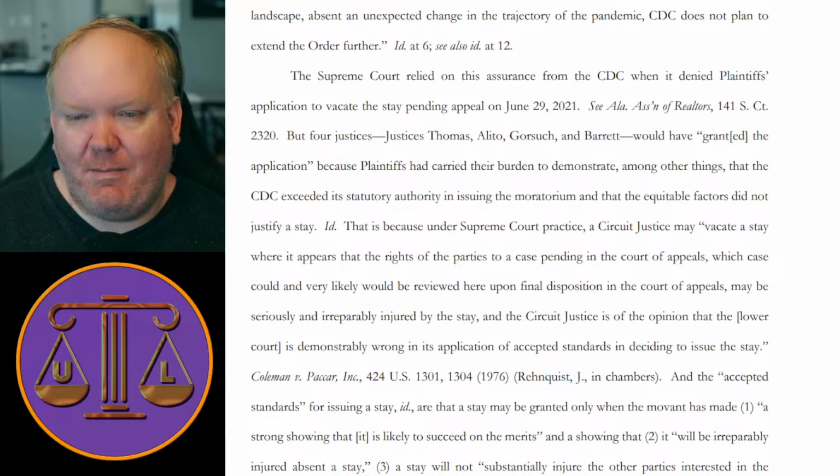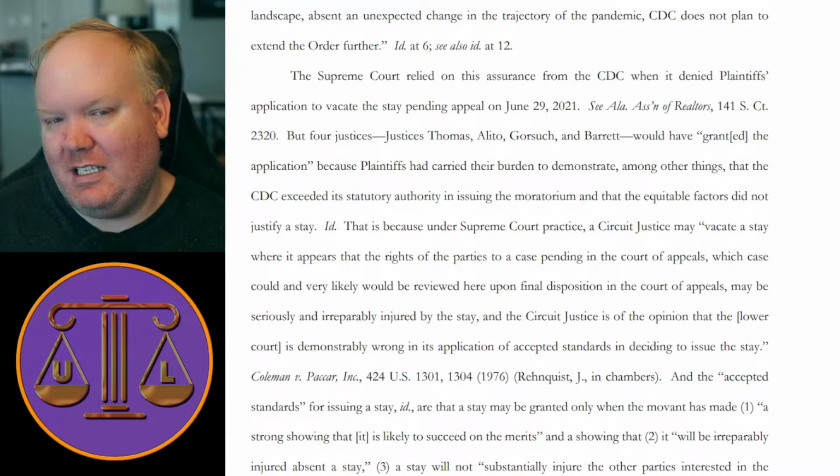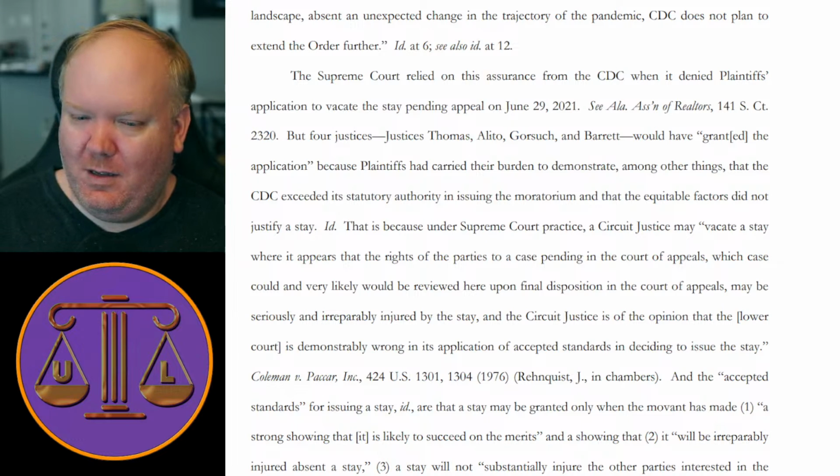Four justices dissented: Thomas, Alito, Gorsuch, and Barrett. Okay, so I apologize. There's no hope whatsoever that John Roberts is going to get on his big boy pants. I'm sorry, he was in the dissent. So remember how I said technically John Roberts could issue a decision by himself?